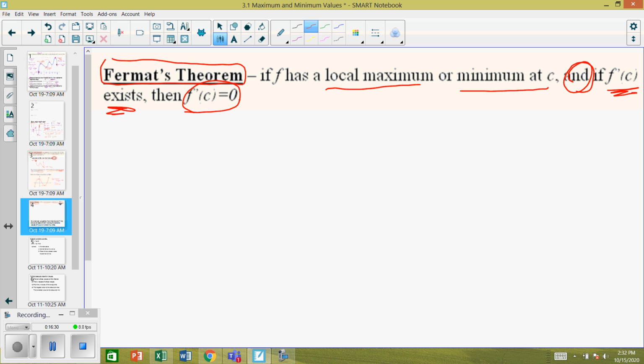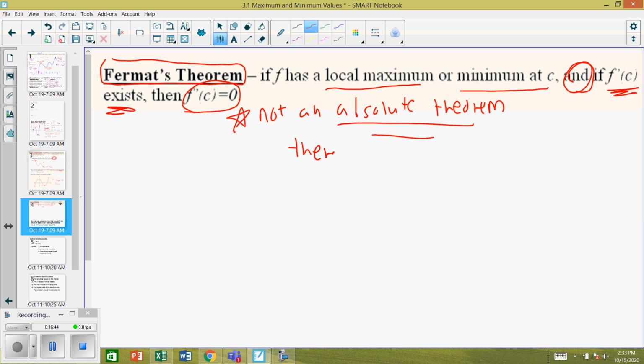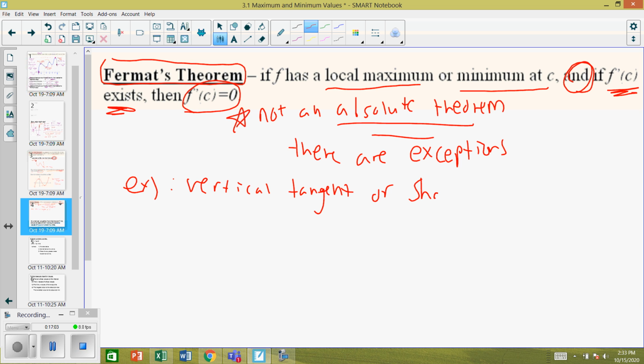Now, let me explain, this is not an absolute theorem. There are exceptions. Examples that could occur is that we could have a vertical tangent or sharp point.